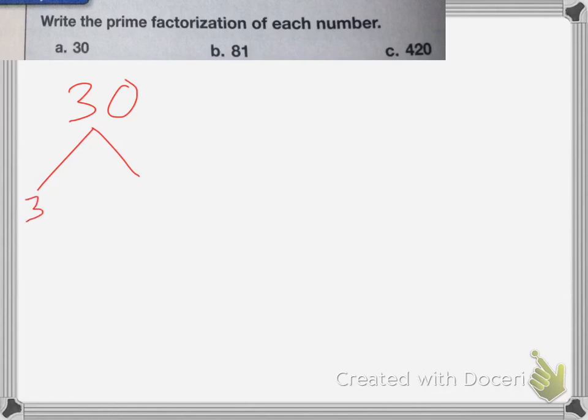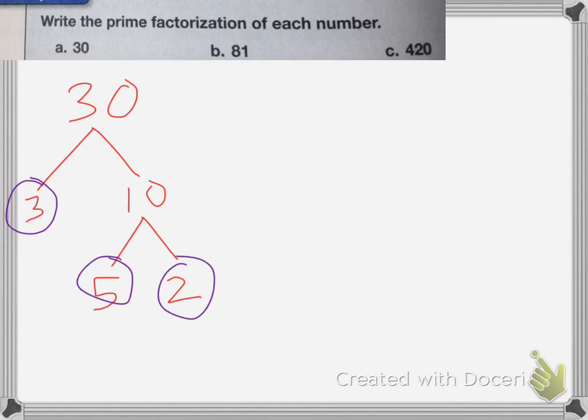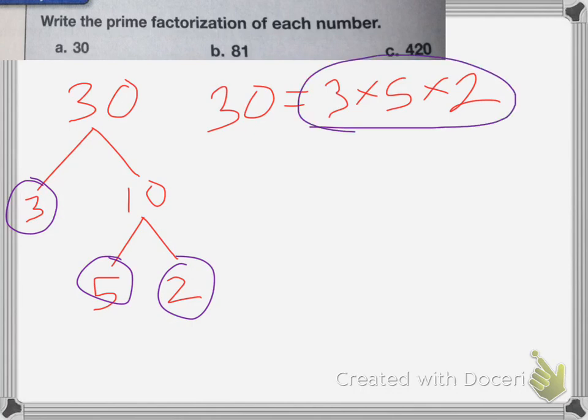So I'm going to do 3 and 10. 3 is prime, so I know that's one of my prime numbers. And I'm going to divide my composite numbers till all I have left are prime. So 10 can be divided by 5 and 2. Now 5 and 2 are prime numbers, so my prime factorization of 30 is equal to 3 times 5 times 2. If you notice, all of these numbers are prime, and they have to be prime to be the prime factorization.